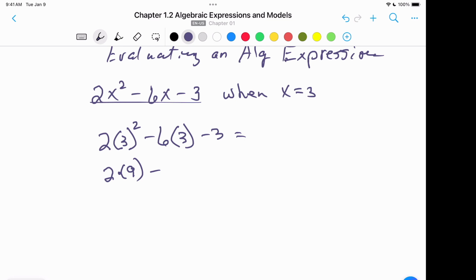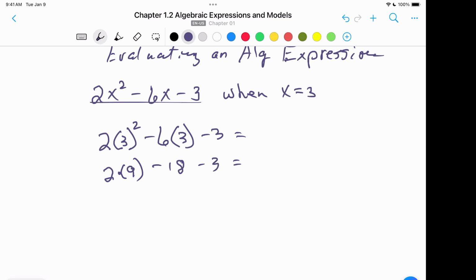minus 6 times 3, which is 18. Now, some people might say negative 6 times 3 and make it plus negative 18, but that's a little much. I prefer to just say minus 18. And then we say minus 3 equals.